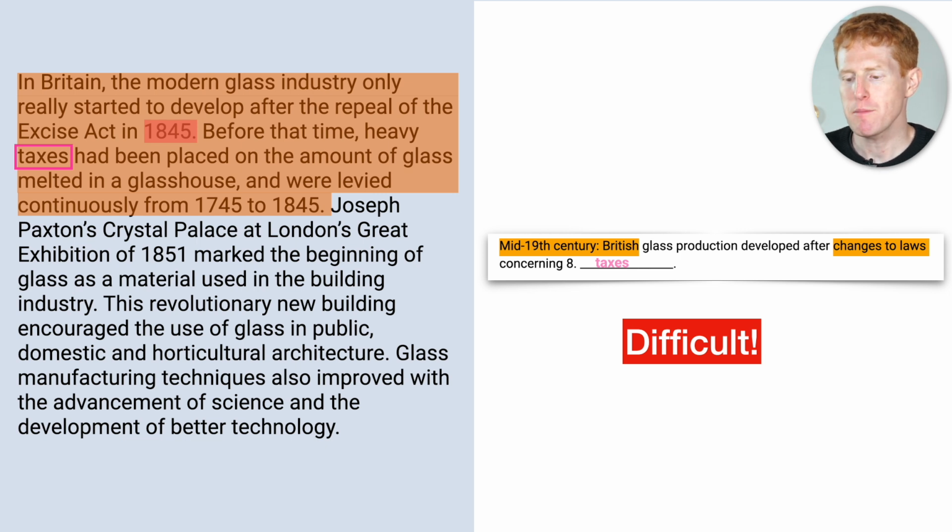It says in Britain, the modern glass industry only really started to develop after the repeal, so the repeal means the reverse, so stopping something, of the Excise Act in 1845. So this Excise Act in 1845 involved heavy taxes being placed on glass. So British glass production developed after they changed the laws concerning taxes, after they removed these laws.